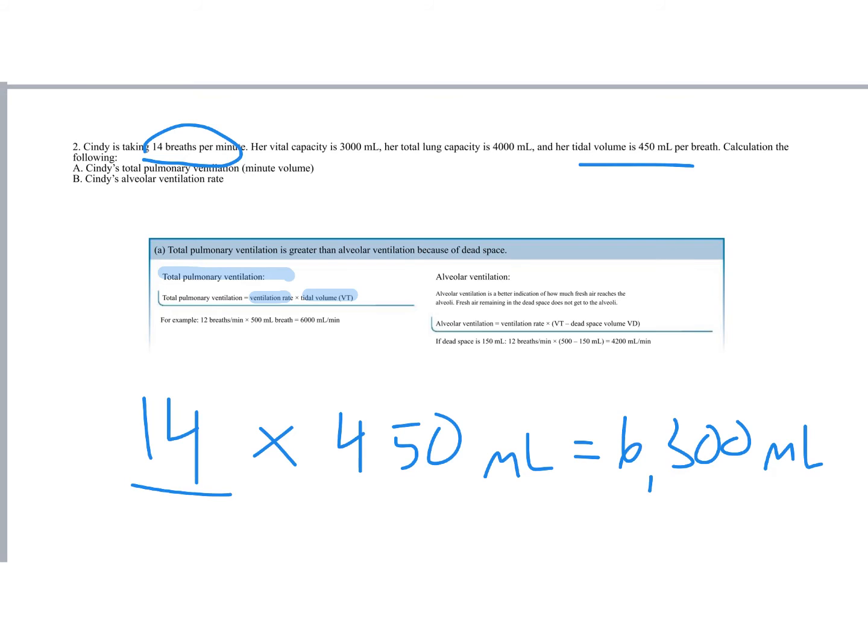Take the breaths per minute, multiply it by the tidal volume, and that gives you the pulmonary ventilation, not the alveolar ventilation. Now, if the answer asked for it in liters, then how do you change 6,300 milliliters into liters? You move the decimal point over to the left 3 spots, and you have 6.3 liters per minute. That would be her pulmonary ventilation rate.